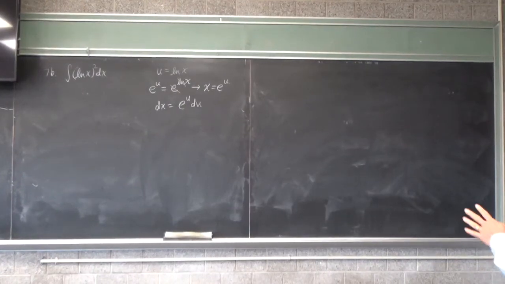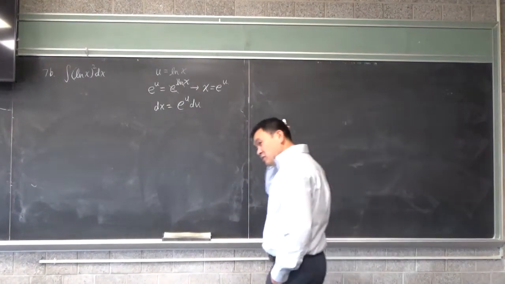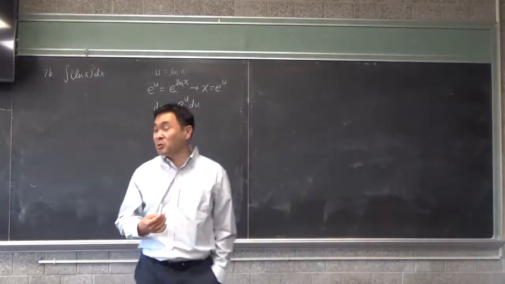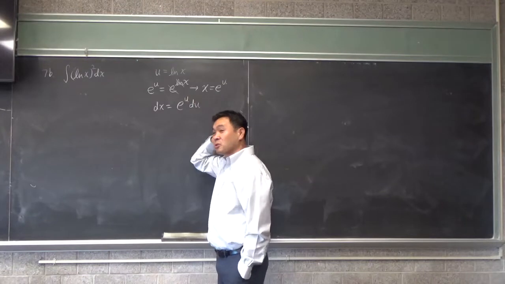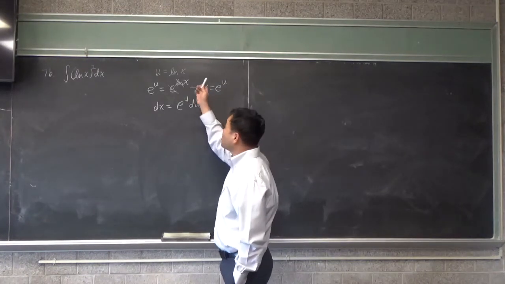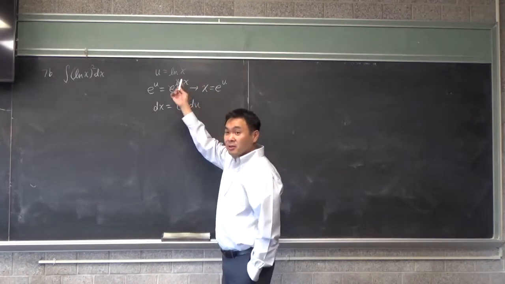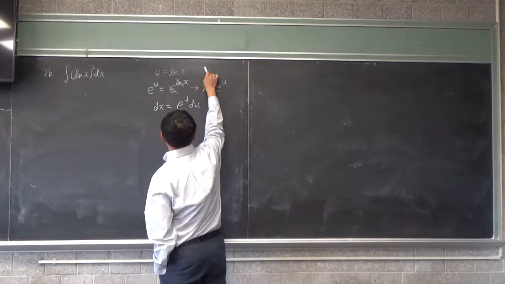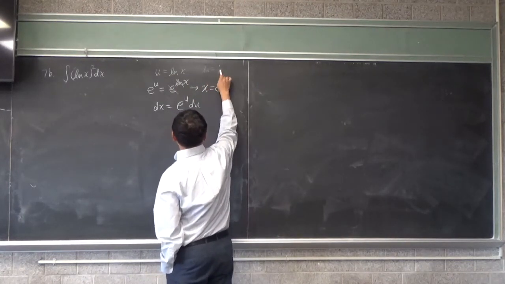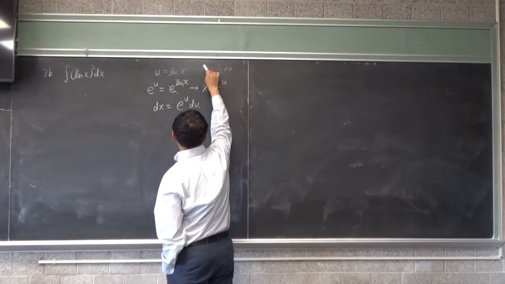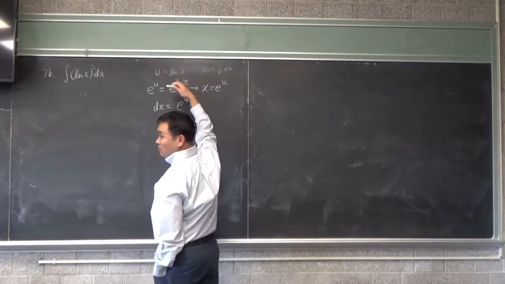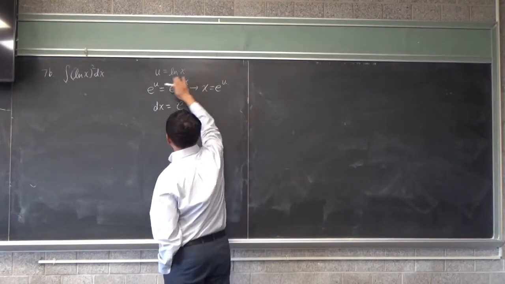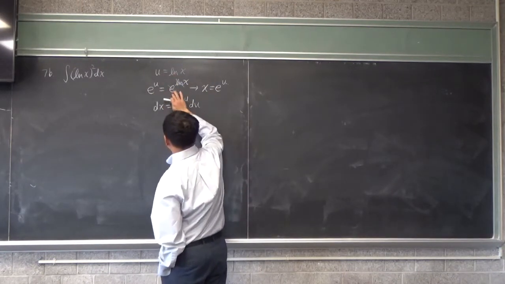All right, so this question is about taking an integral that has ln of x, and you use u equals ln of x to do a substitution. Now, when you do a substitution u equals ln of x, rather than trying to differentiate both sides and say du is equal to 1 over x dx, which is more natural of what we've been doing so far, it's better to raise both sides with respect to e.